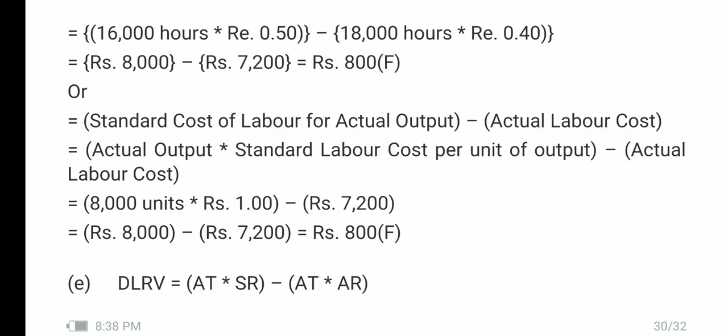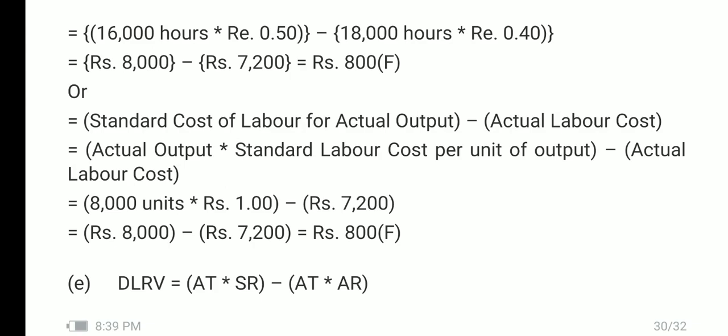Now, direct labor rate variance. Here rate, already there is difference we are observing. Standard rate is 50 paise per hour. Actual wage rate paid is 40 paise.